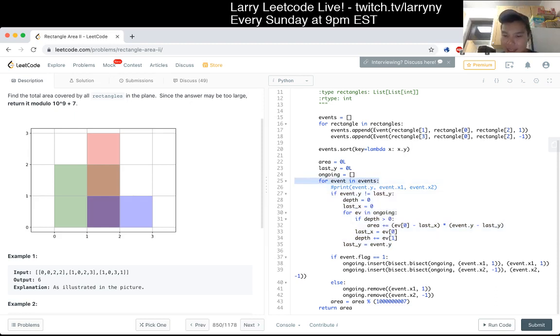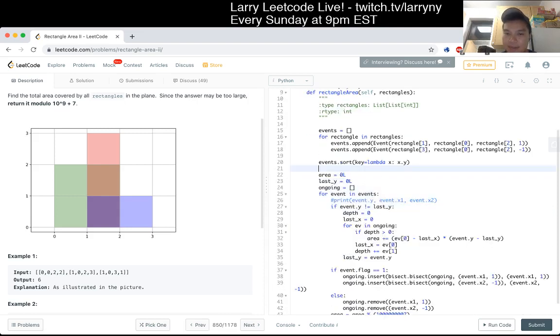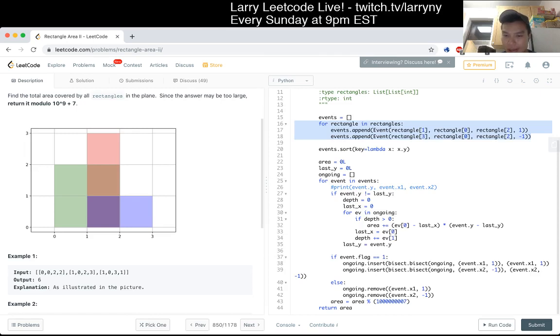Space gets dominated by this n squared anyway. In terms of space, you only ever have O of n things in ongoing, or 2n maybe, and O of n things in events. So your space complexity is linear.